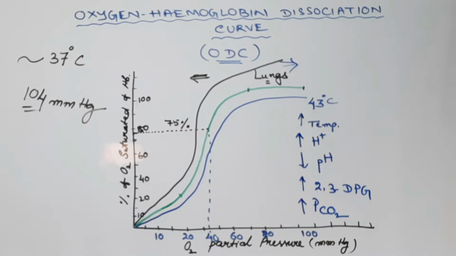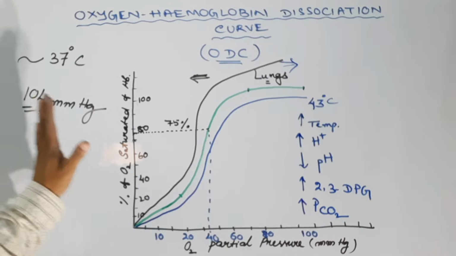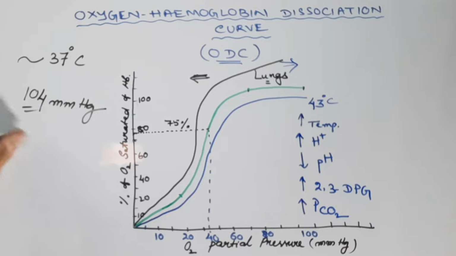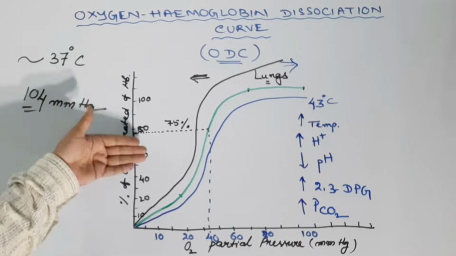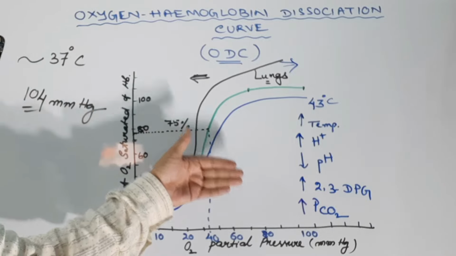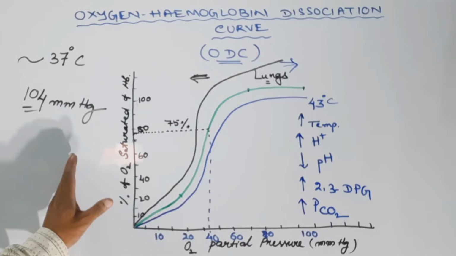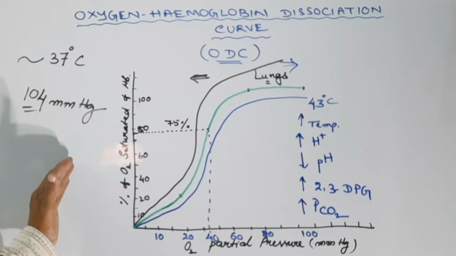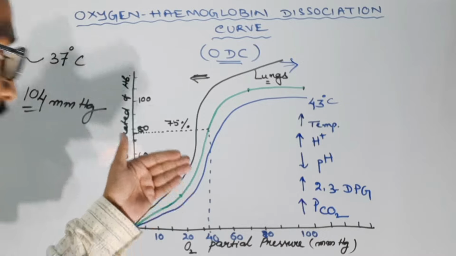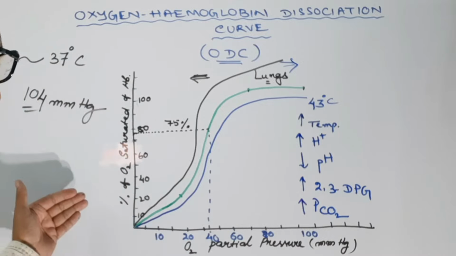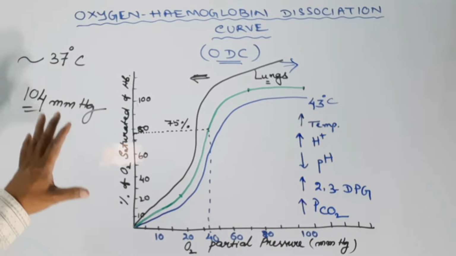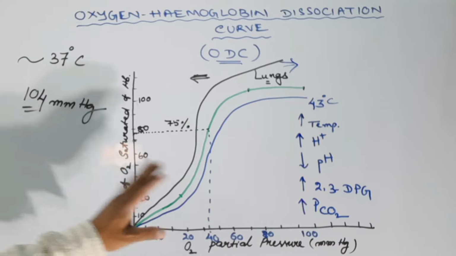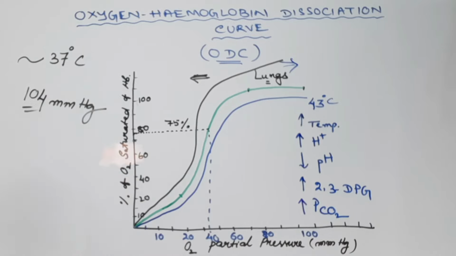So these are the different conditions in which this oxygen dissociation curve may shift to the right or left. When the affinity between oxygen and hemoglobin goes down, the curve shifts to the right. If the affinity goes up, and more oxygen binds with hemoglobin, it shifts to the left.